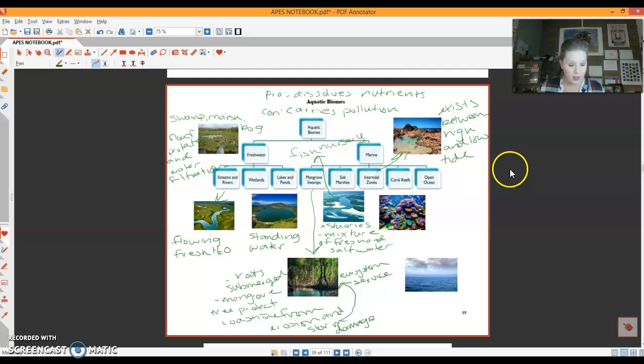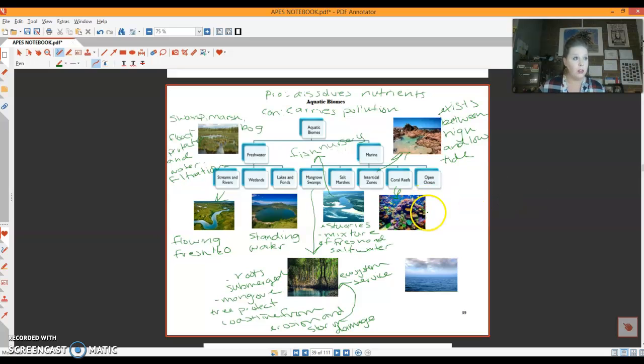All right, the next one we have is the coral reefs. Now, the coral reef is the underwater equivalent of a tropical rainforest. They are the most diverse aquatic ecosystem. And I love this picture because it kind of reminds me of the cereal Fruity Pebbles, if you've ever had that, because it's just so colorful.